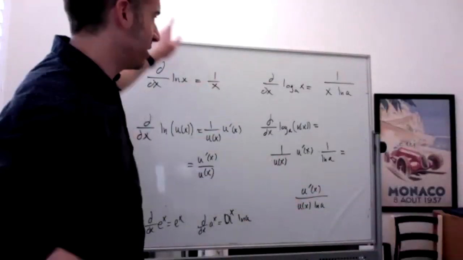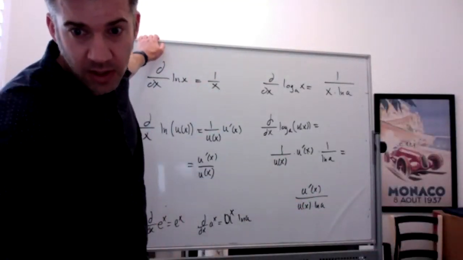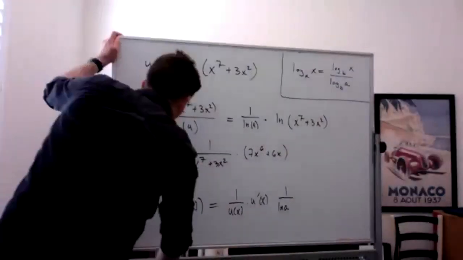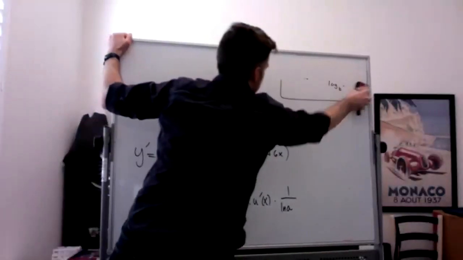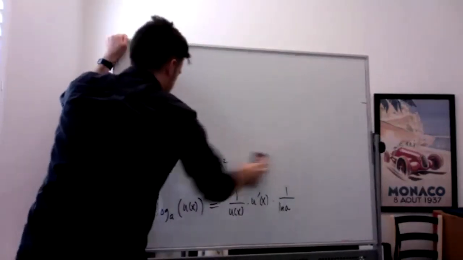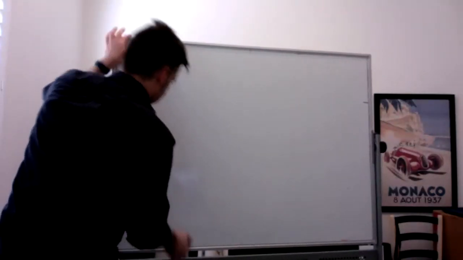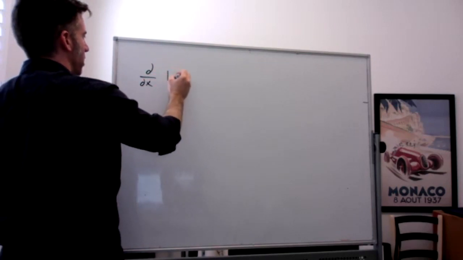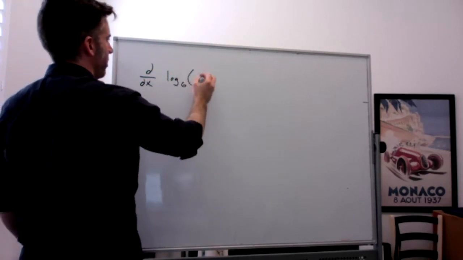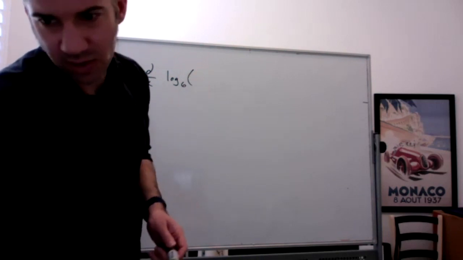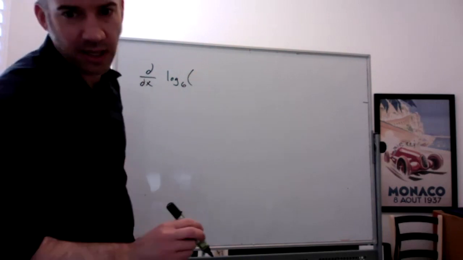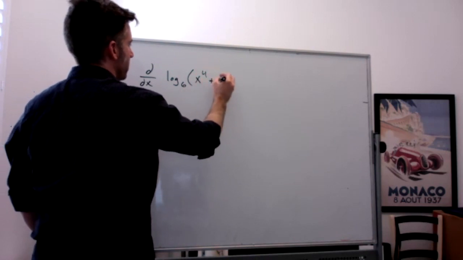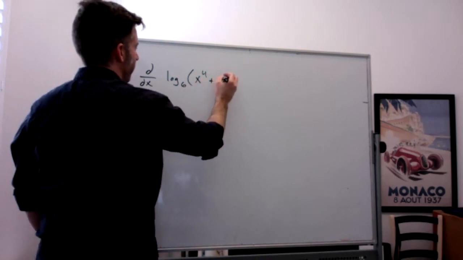So I know it's 10:20, but let me do one more, just so I can give you guys the sum up here. If someone said, hey, James, I would like you to find the derivative of log base 6 of something like x to the 4th plus 5 to the x.